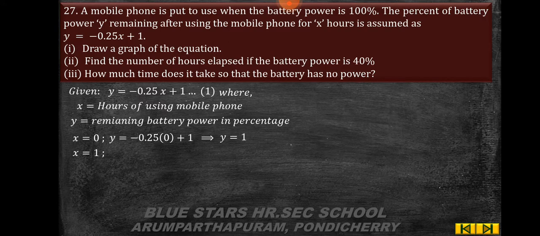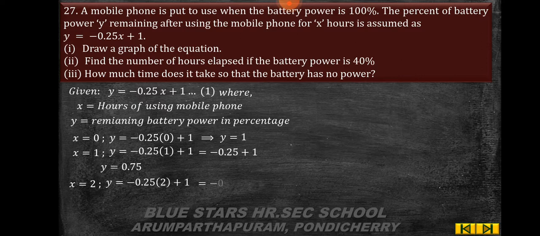Then at x is equal to 1 hour of using mobile phone, y is equal to minus 0.25 into 1 plus 1, which implies minus 0.25 plus 1, y is equal to 0.75. Next x is equal to 2, after 2 hours of using mobile phone. y is equal to minus 0.25 into 2 plus 1, 0.25 into 2 is nothing but 0.5, plus 1.